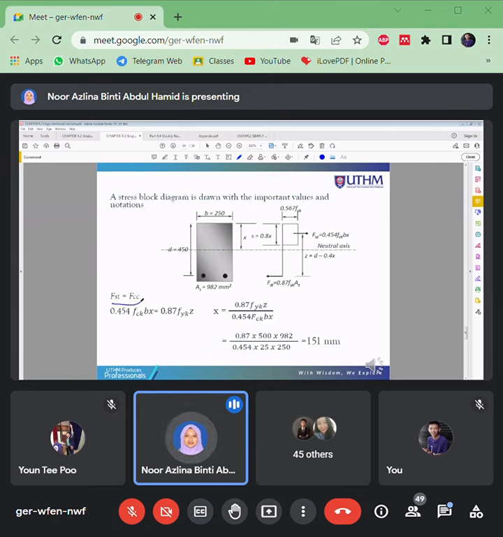If you make equilibrium between FCC and FST, you'll get these equations, which give X, the neutral axis depth here. From this equation, it gives you an X value of 151, the depth of the neutral axis.